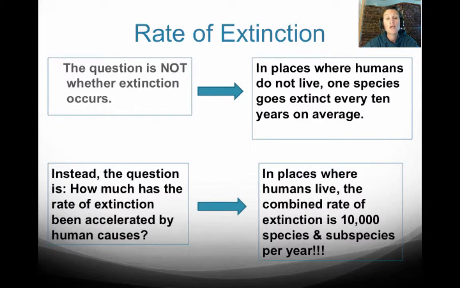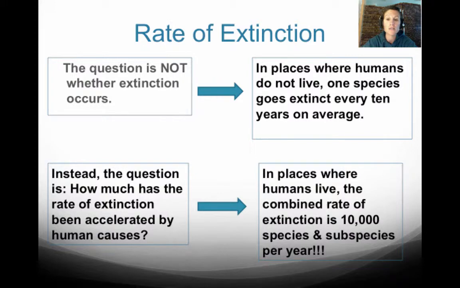We know it happens. The question actually should be, and is, how much has the rate of extinction been accelerated by human causes? Now, I'm not saying humans are directly a cause, but there are things that we have done that upset certain balances that do lead to reactions that cause issues.